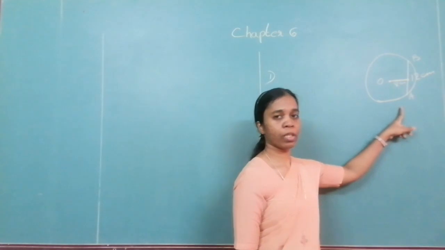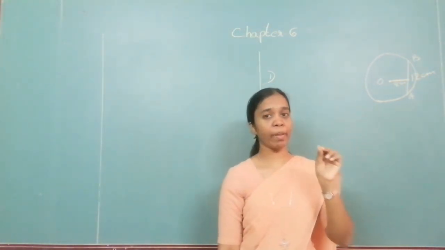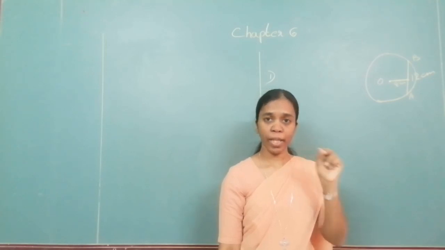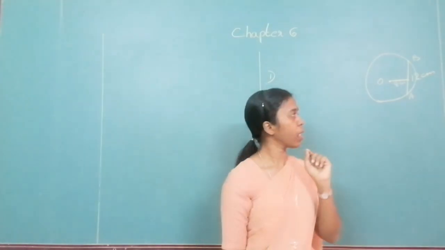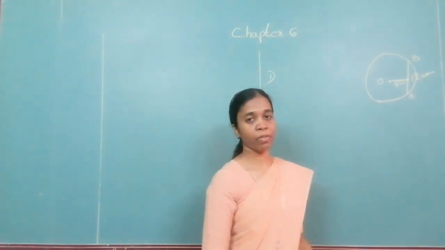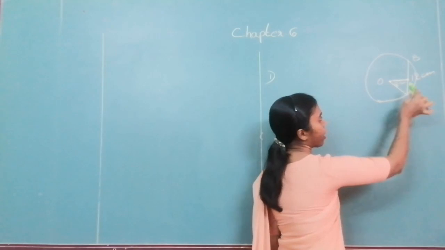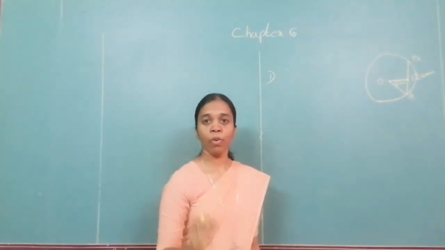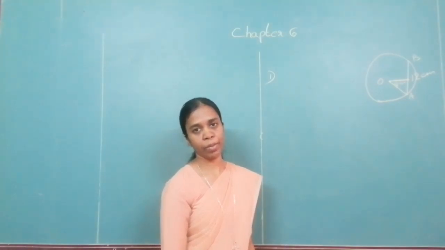Chord is of 12 cm. Find the diameter. To find the diameter, first we have to find the radius. Can you get the radius from here? Where is the radius? If you join O to A, that is the radius. Once you get the radius, multiply by 2, that is the diameter.